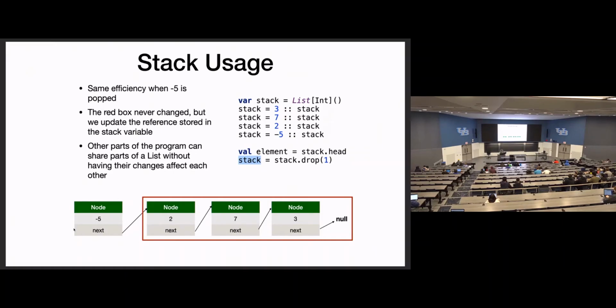So it's an O of 1 operation. If this list were 1,000,000 elements long, it would still be the same exact amount of work. Create a new node and have that node refer to the first element of the list. And now you have a list of size 1,000,001 with very little work. Prepend, very, very efficient.